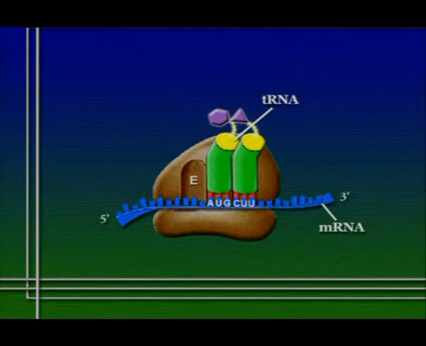So now what we've got is a methionine, the very first amino acid, and next to it whatever other amino acid should be added. Let's say it's a leucine. And they're juxtaposed next to each other because the tRNAs are juxtaposed next to each other on these binding sites, the P binding site and the A binding site.